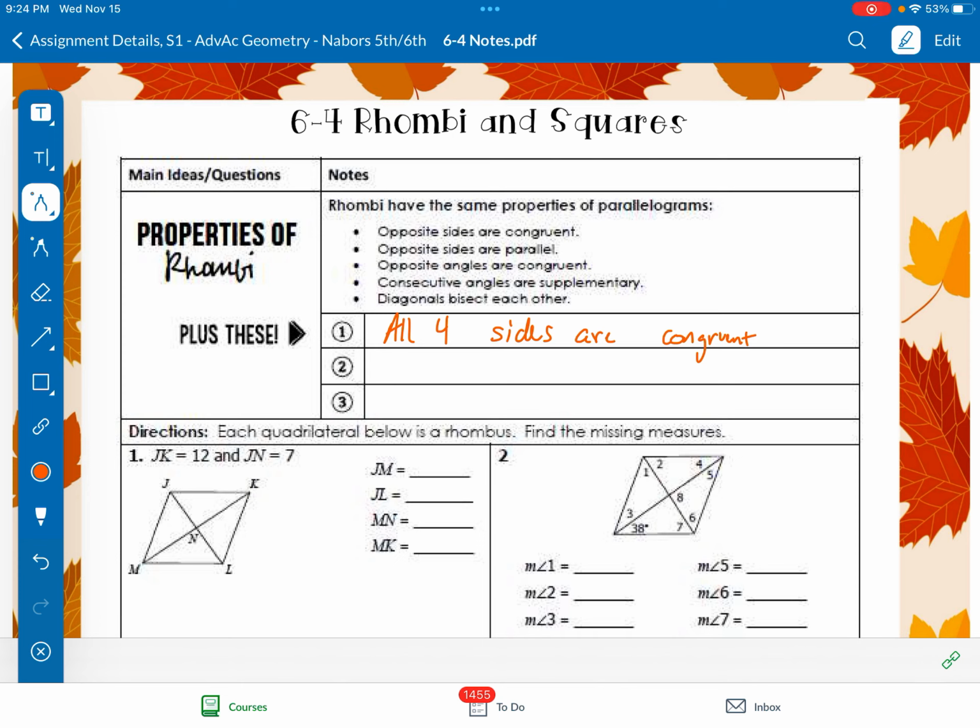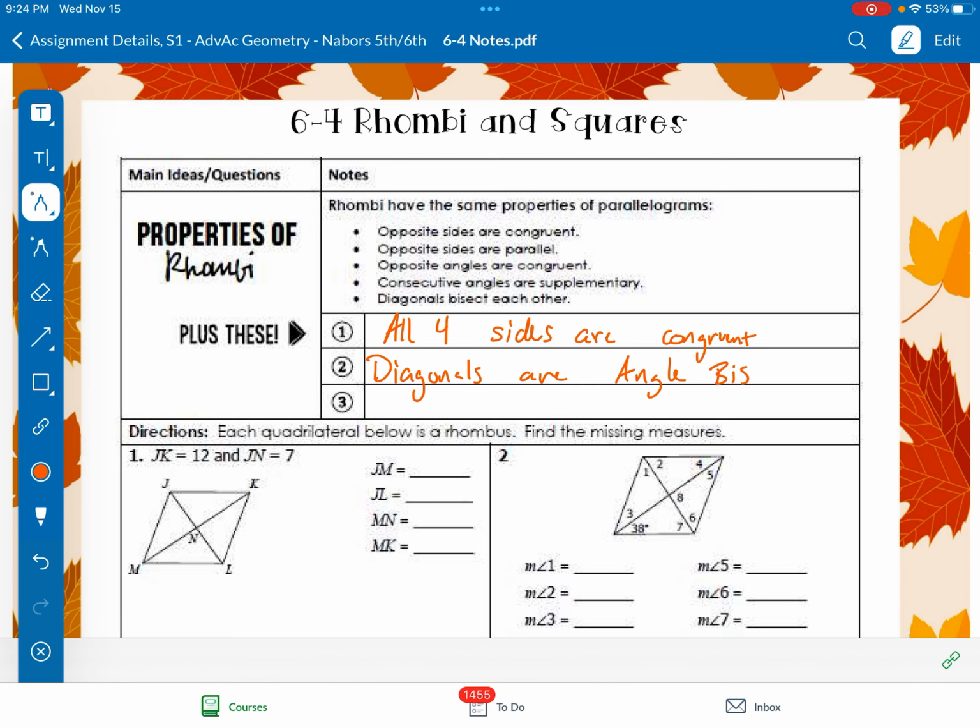A rhombus has 4 sides that are congruent. And additionally, there are 2 other things you have to know about the diagonals of a rhombus. The diagonals of a rhombus are angle bisectors.